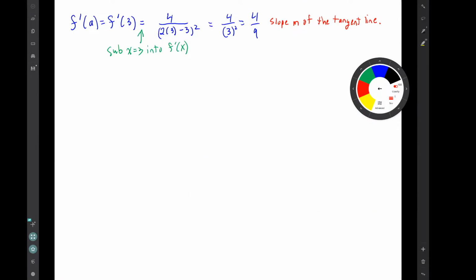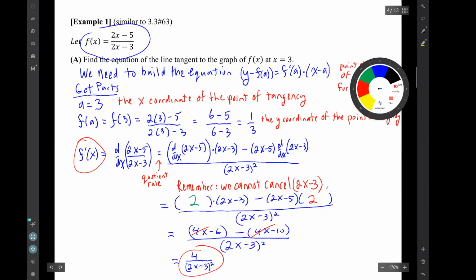Okay, so let's remind ourselves where we are. So far, we've gotten the parts that we need to go into this equation. So now the next thing is to substitute those parts into the equation. a equals 3 will go there. f of a equals 1/3 will go there.